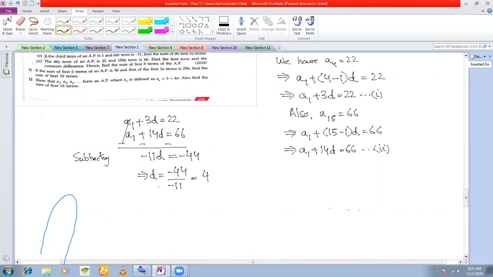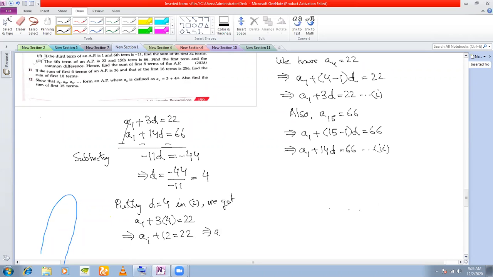How to get the value of A1? Put it in any of the equations. Putting D equal to 4 in 1, we get A1 plus 3 into D is equal to 22. That means A1 plus 12 is equal to 22.